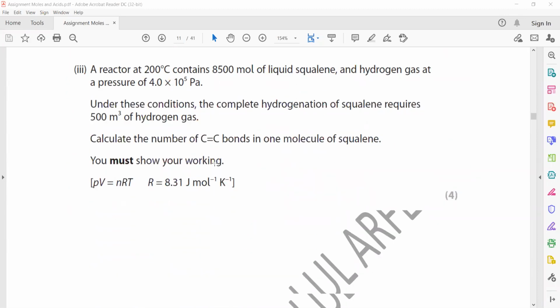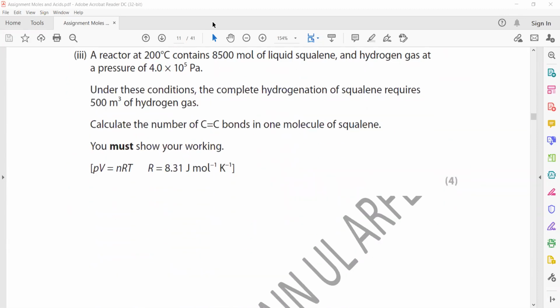Then a reactor at 200 degrees centigrade contains 8,500 moles of liquid squalene and hydrogen gas at a pressure of 4 exponent 5 Pascal. Under these conditions, complete hydrogenation of squalene requires 500 meter cube of hydrogen gas.